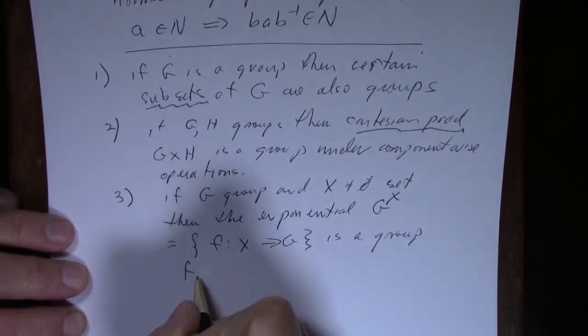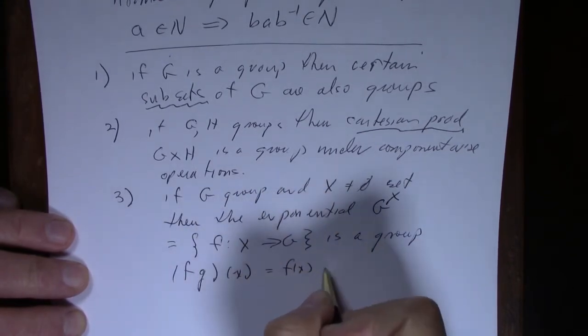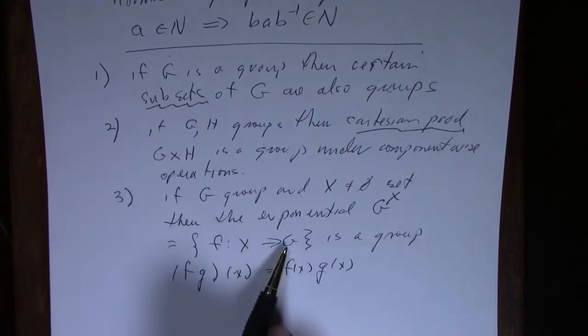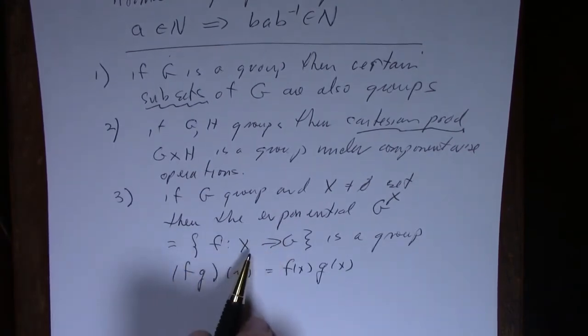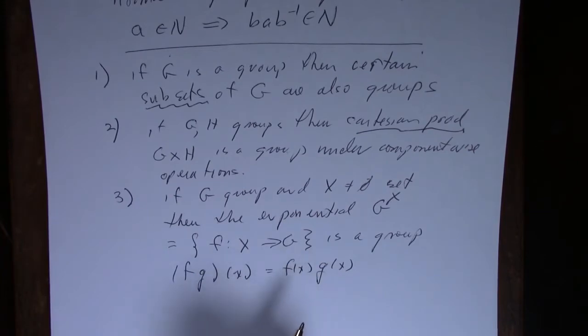If you take two functions f and g, their product on an element x is f(x) g(x). So as long as the range has a group structure, it doesn't matter whether the domain does or not; it's irrelevant, this will form a group. So there are three examples of producing new groups from old groups.